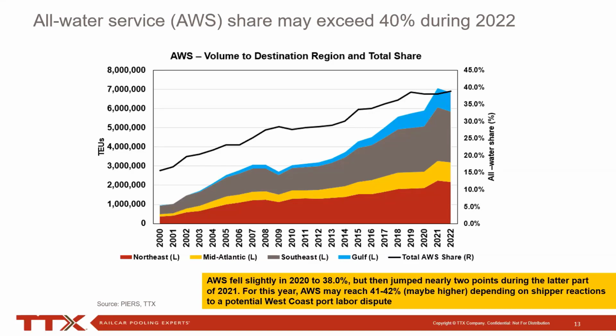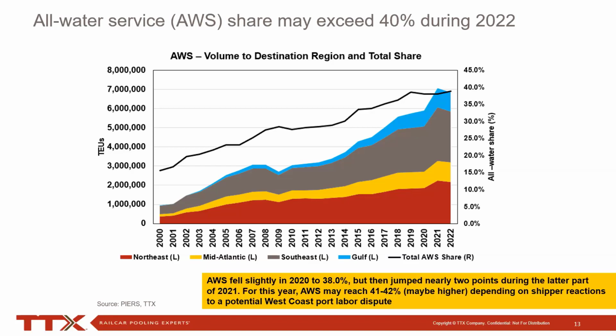So as I mentioned on the prior slide, roughly 65% of North American containerized imports originate from East Asia, and a similar percentage, about 60 to 65% of those arrive on the West Coast, with the balance going through the Panama Canal or the Suez Canal and discharging on the East Coast.